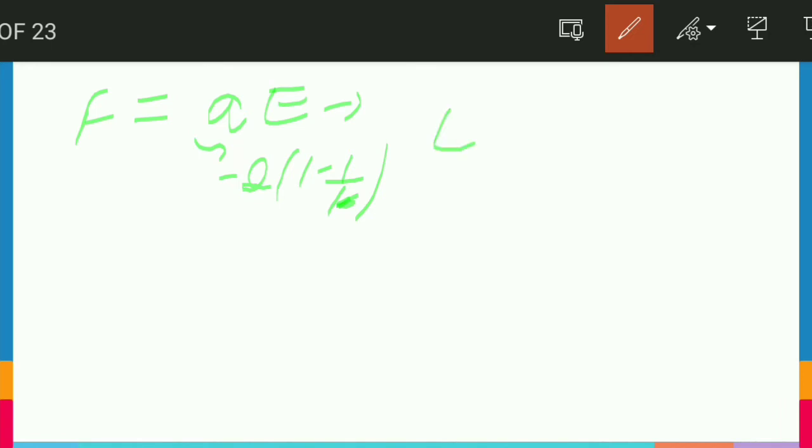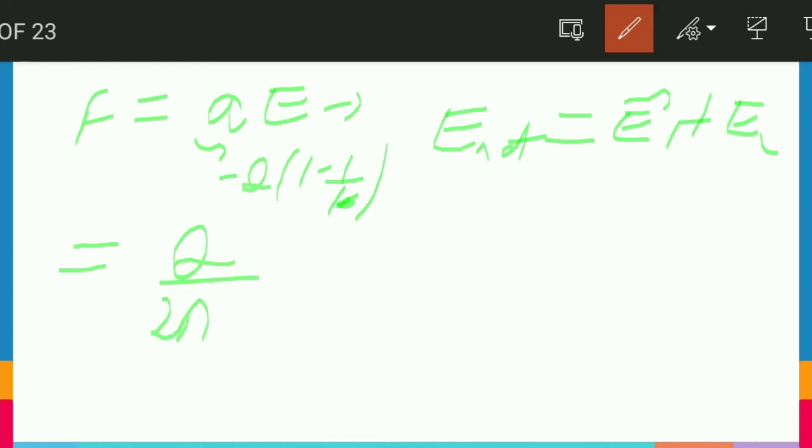So electric E net should be equal to E1 vector plus E2 vector. And our E1 vector will be equal to q upon 2A epsilon 0, in the downward direction, which is produced by the positive plate, plus our second electric field vector, which is produced by the lower plate.